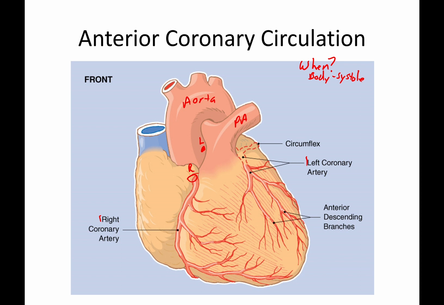So to that end, the heart will contract, systole. That puts blood out to the rest of the body. When the heart relaxes, diastole. When the heart is relaxed, that's when it gets its blood flow. And this is really cool.